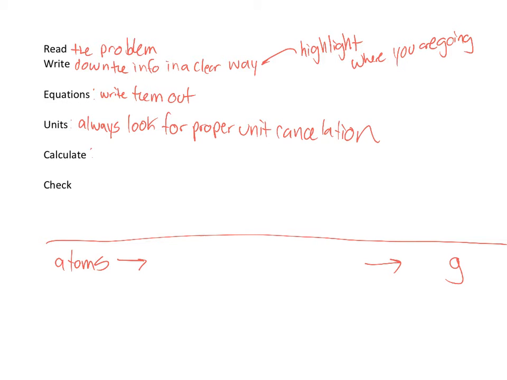Just put them into the calculator, get an answer out. Okay, do all the steps that you need to. The final thing is to check your answer and make sure it's reasonable. If I ask you how many atoms are in a ton of carbon and you tell me there are half an atom, that doesn't make sense. Okay, you need to make sure that your answers make sense.